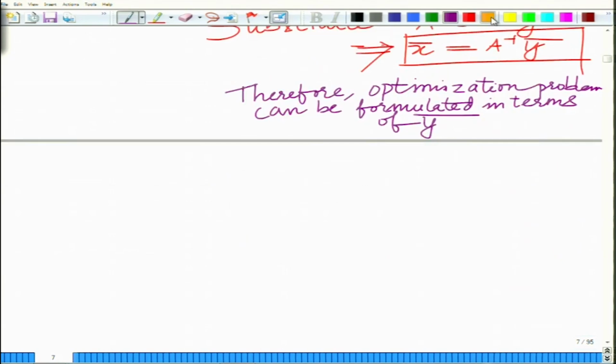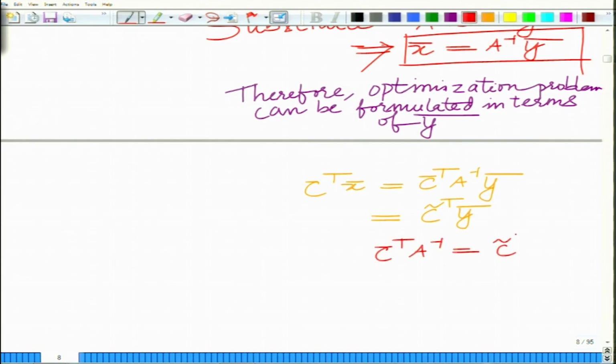So, we have the objective C bar transpose x bar, which is C bar transpose A inverse y bar, and I can formulate this as C tilde transpose y bar, where C bar transpose A inverse equals C tilde transpose, which implies, taking the transpose on both sides, A inverse transpose C bar equals C tilde.